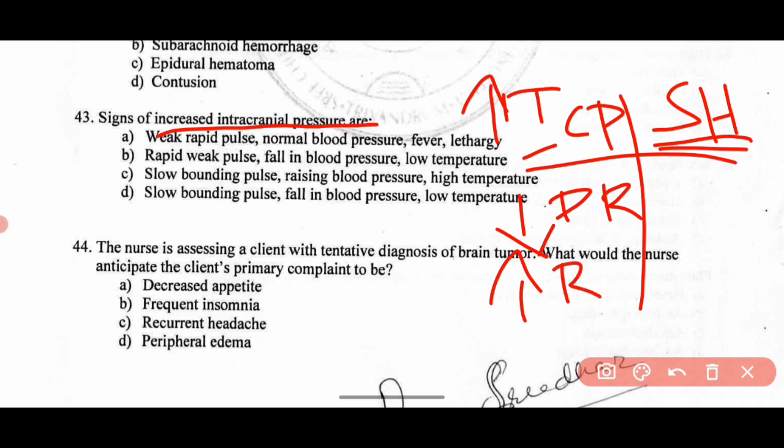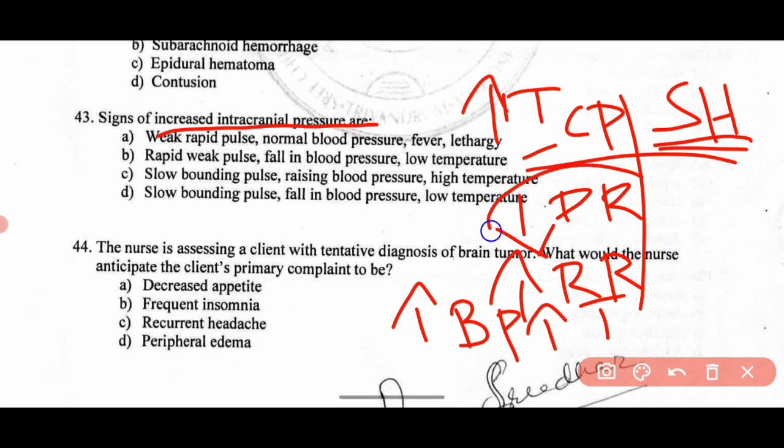Respiratory rate will increase or be irregular. Temperature is going to increase. Blood pressure is going to increase. So blood pressure, temperature, respiration, everything is increased. Only the pulse rate is decreased.